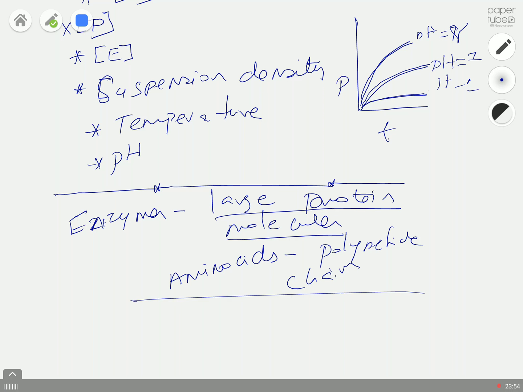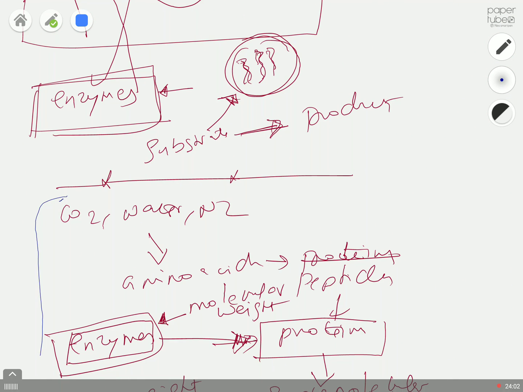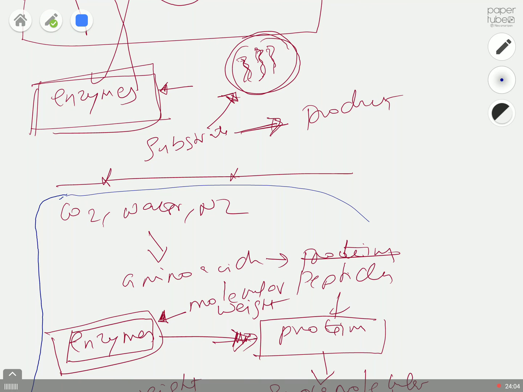I covered this before in lecture 2, where I talked about the alphabets of biochemistry, so try to have a look. So amino acids combine to form peptides, and peptides combine to form proteins.